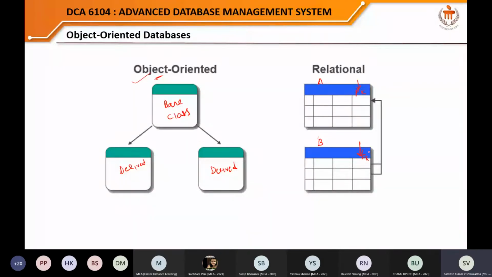So this foreign key refers to another table through the concept of referential integrity, which we have also learned about. So this is the relational material we have learned earlier. Now you are going to understand the different concept of object-oriented databases.